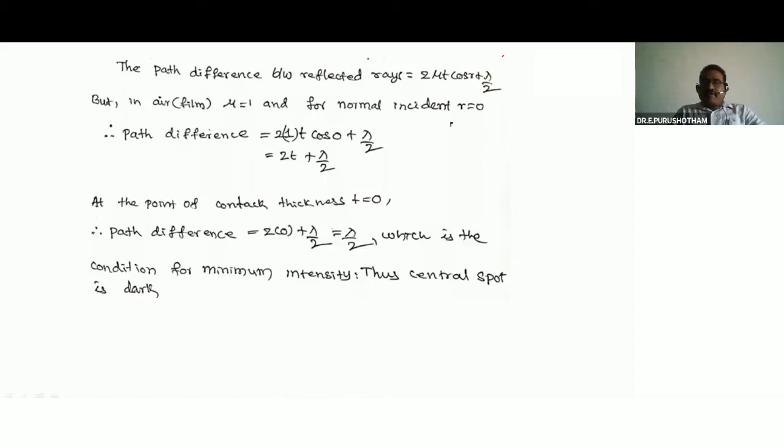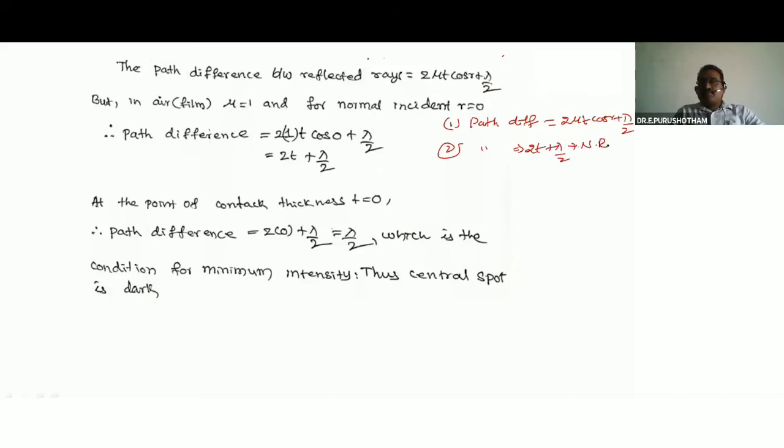So you should remember the path difference according to interference in thin film by reflection: 2 mu t cos r plus lambda by 2. You remember, this is very, very important. The path difference is equal to 2t plus lambda by 2 in Newton rings.